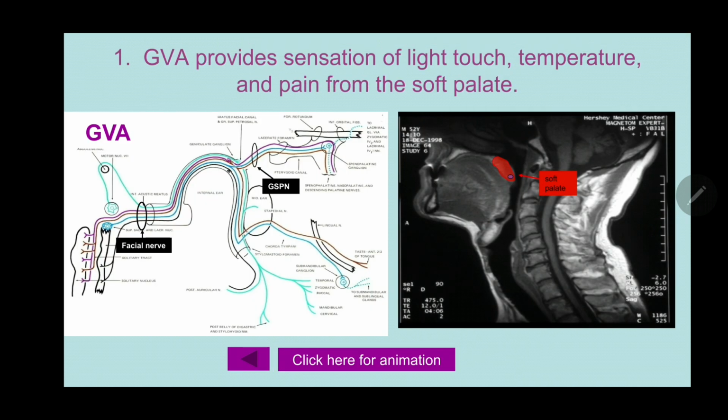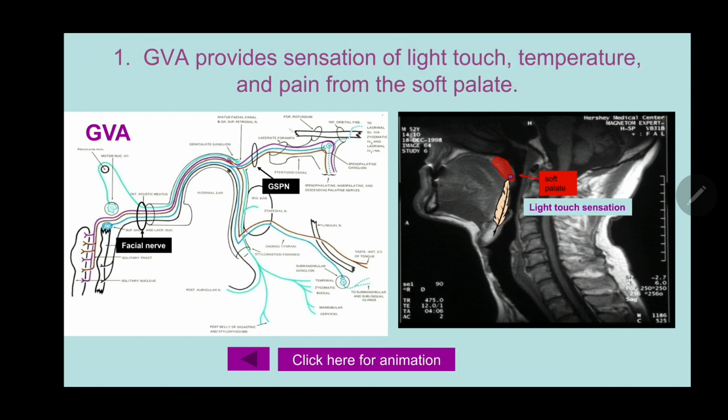Okay. So now look here, the general visceral afferent provides sensations of light touch, temperature and pain from the soft palate. So here you are seeing a diagram where we've shown you the soft palate, right? And the nucleus, remember, the sensations, it's actually an afferent. So these sensations will be conveyed to which nucleus? They will be conveyed to the lower portion of the nucleus tractus solitarius. Okay, so let's begin.